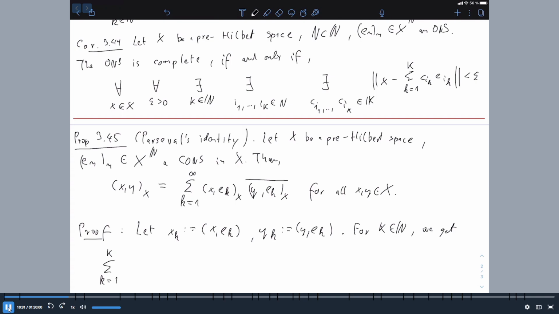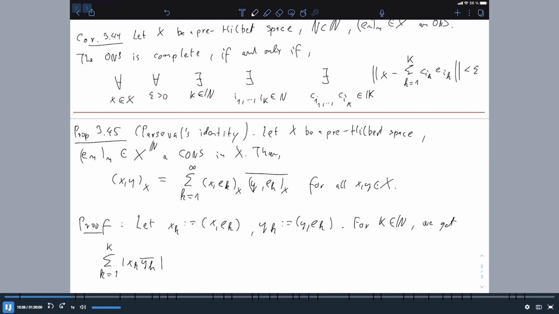And additionally, we look at the absolute value of the elements that we are summing, knowing that if the absolute values converge, then we have absolute convergence of this entire series.